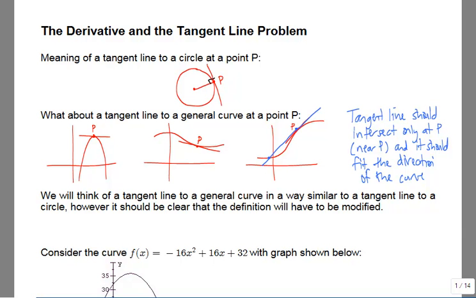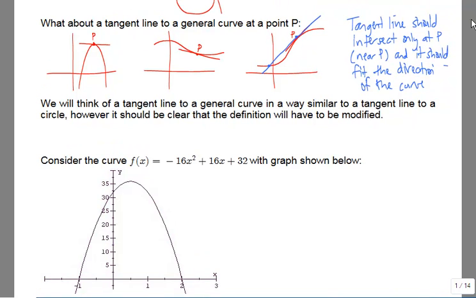So if you want to think about a typical real life example of a tangent line, imagine that you were driving a car in the middle of the night on a very curvy road. The direction that your headlights are pointing, they are pointing you in the direction of the road, and the beam of those headlights is forming a tangent line.